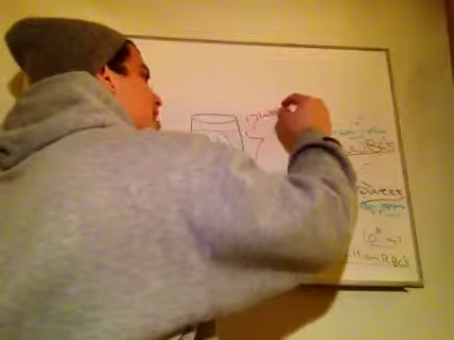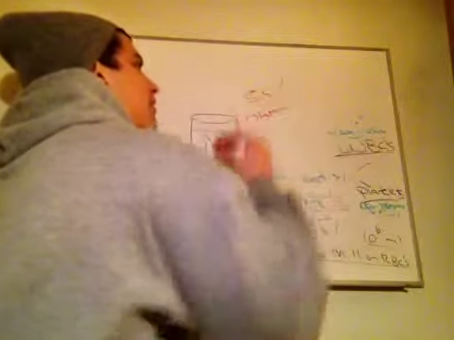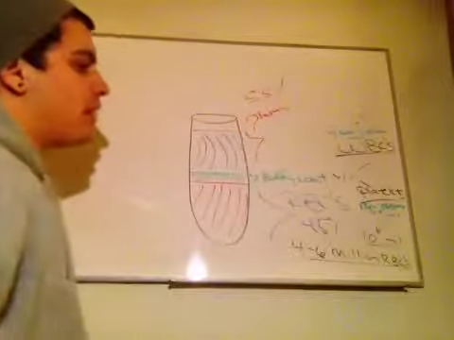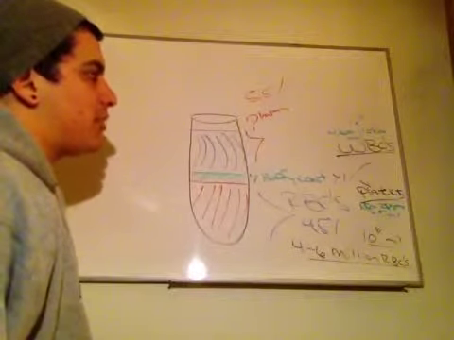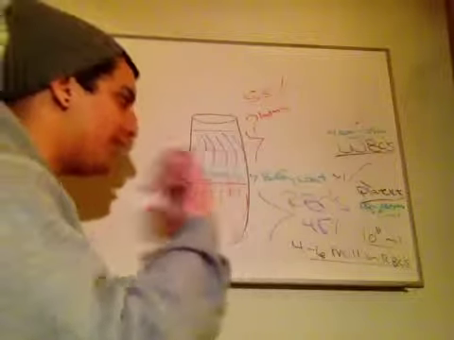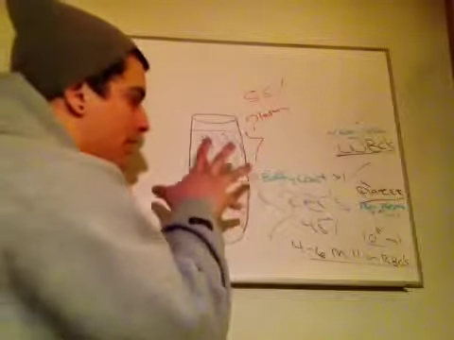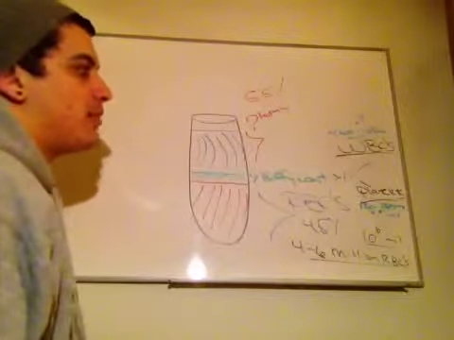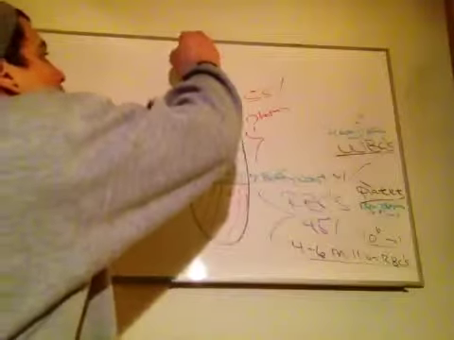The plasma accounts for about 55%. It consists of various amounts of solutes, which we'll go into great detail later. This is just establishing the basic concepts of what is called a hematocrit.